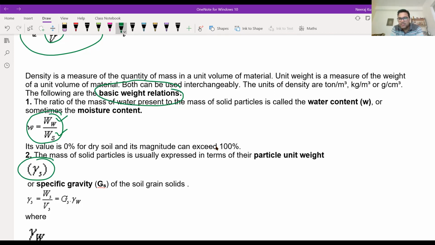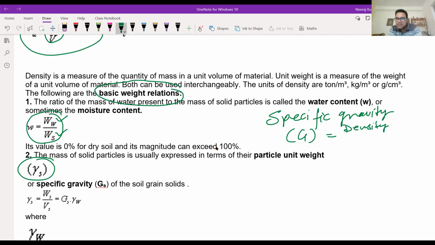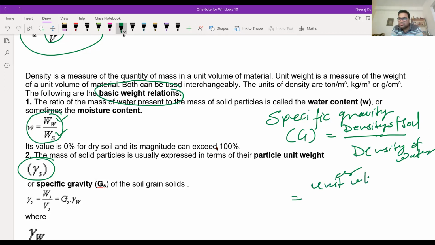Earlier we have seen specific gravity, which generally we express as G. It is basically the ratio of density of soil, and here we have to define whether it is dry density or bulk density, to the density of water, or we can also define this as unit weight of soil to the unit weight of water.